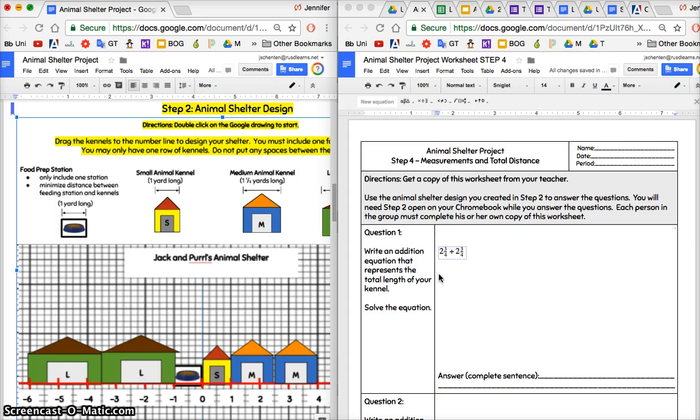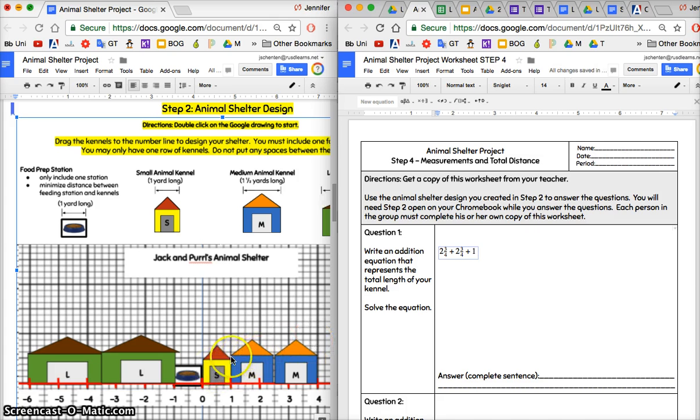So I would add 2 3/4 plus 2 3/4. So this is the length of the first kennel, and this is the length of the second kennel. Then you go back to your design, and you see the next thing here is your food station. And if you look back up here, the food station is a yard long, so you need to add that to your equation. So you say plus 1, and then you keep going.